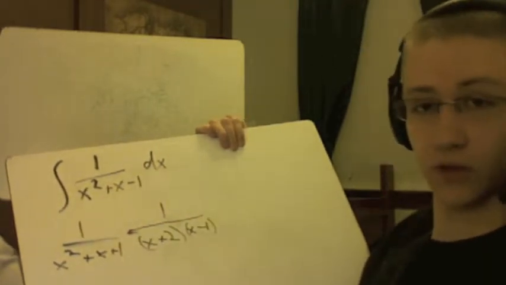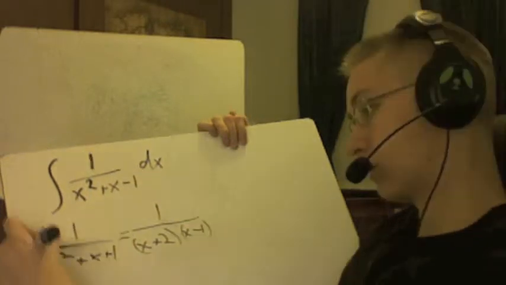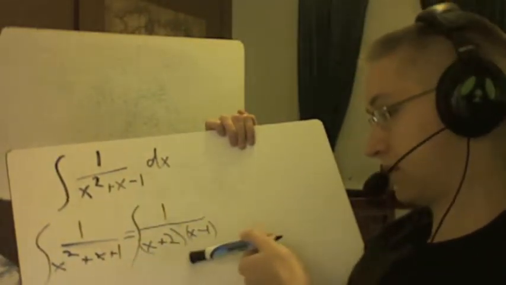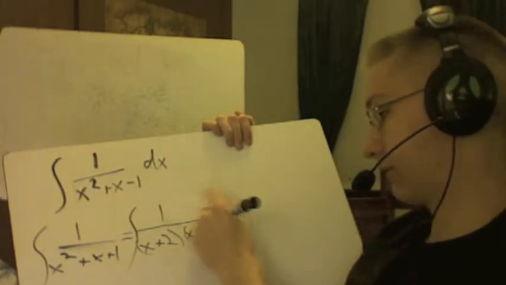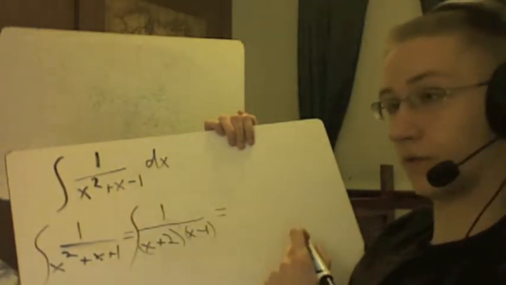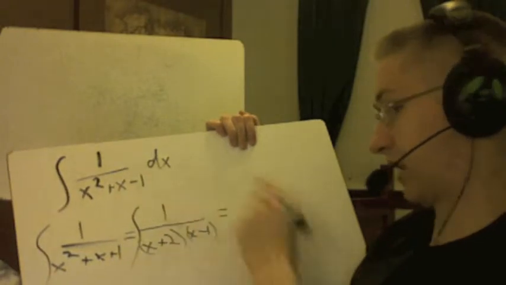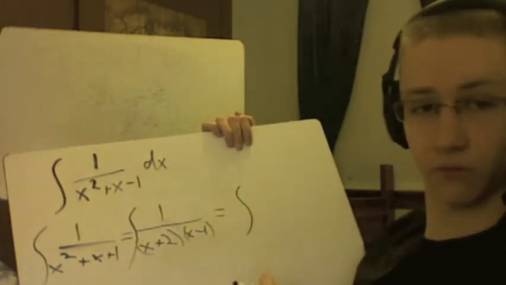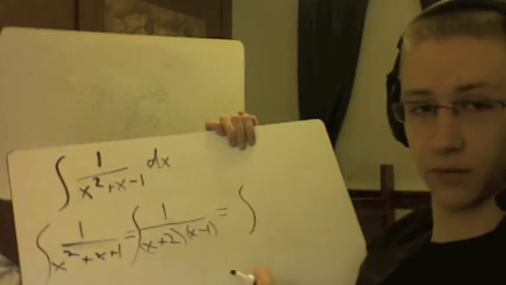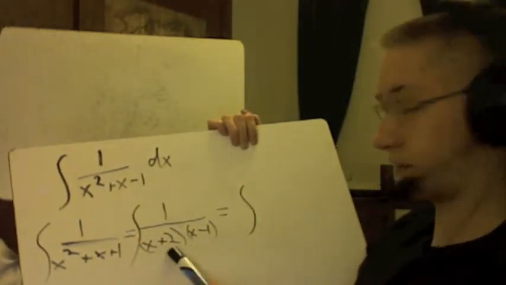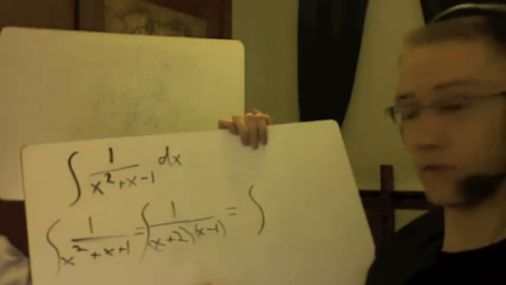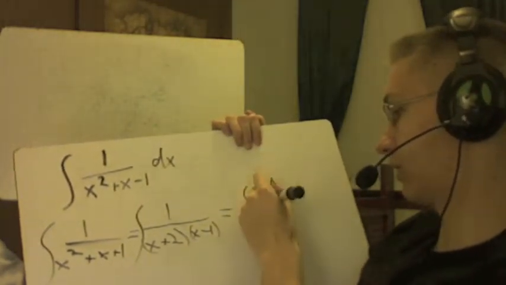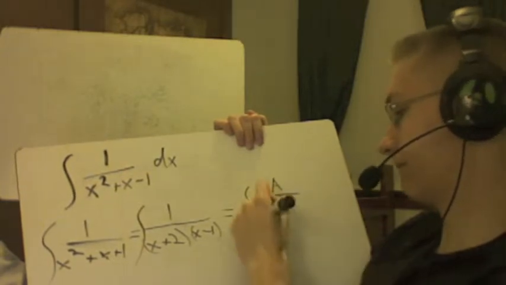Alright, so using partial fractions, we can break this integral up further into the sum of two smaller fractions. The thing with partial fractions is if it's just a binomial like this, then you only have to have one unknown in the numerator.